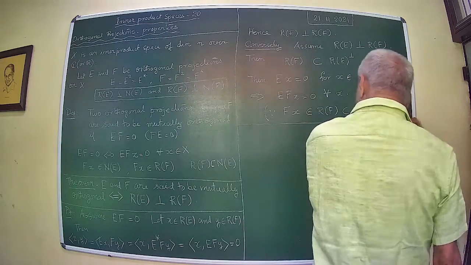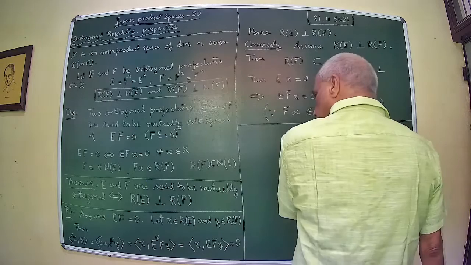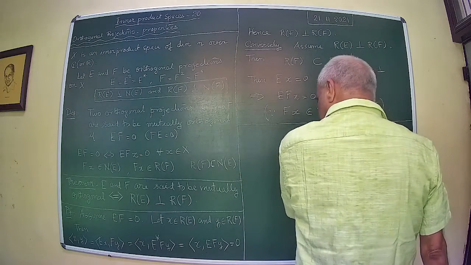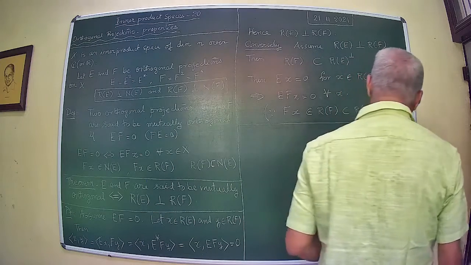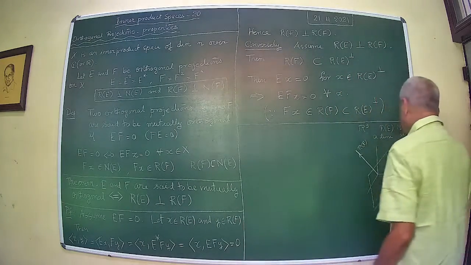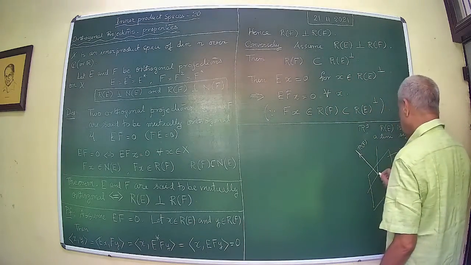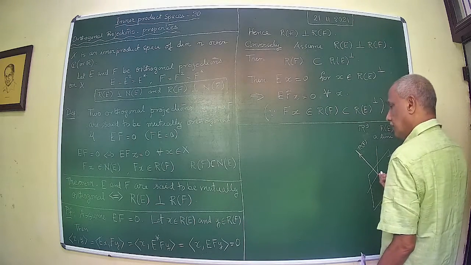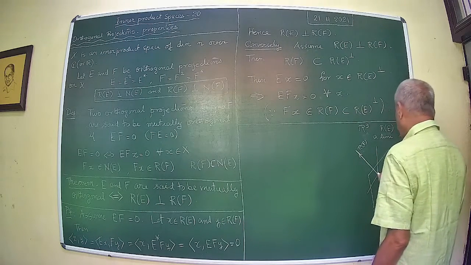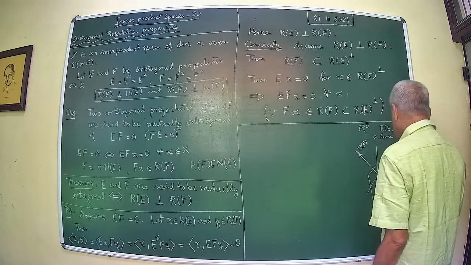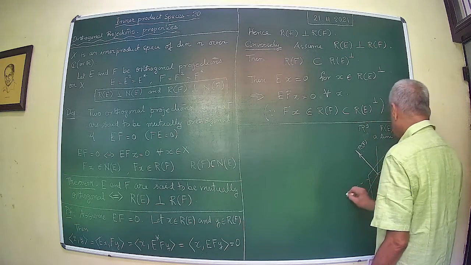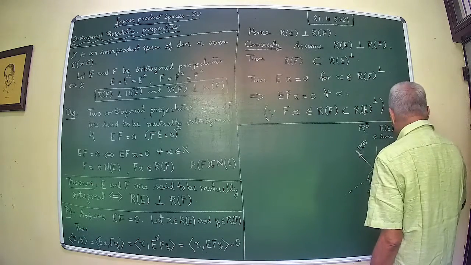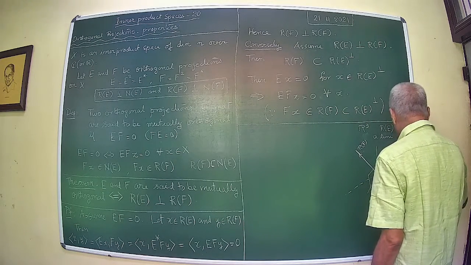And then what about F? So you take RE orthogonal to RF. RF is orthogonal to RE provided it is lying in this space. So this line is RF.